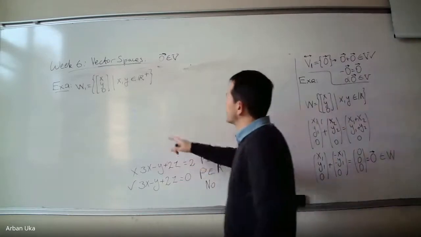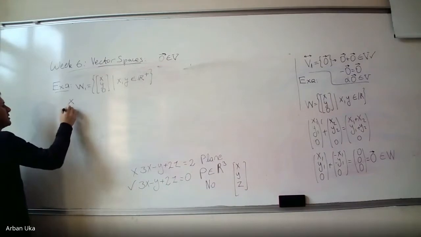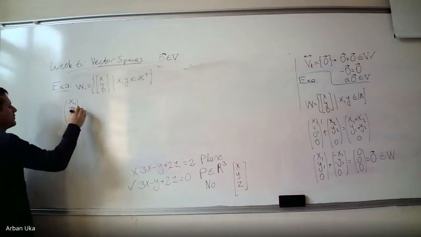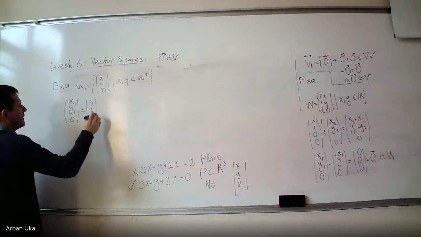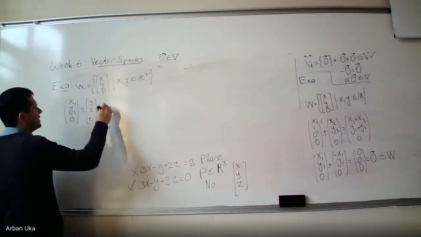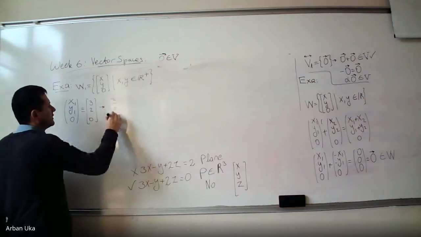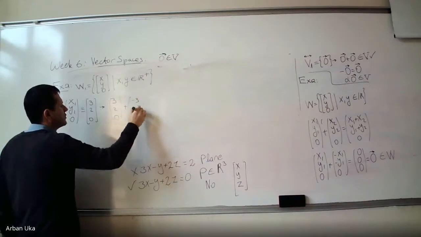When you come to this new vector space, take any triplet of numbers x1, y1, 0. As an example, assume 3, 2, 0. We have to do the following: 3, 2, 0 plus minus 3, minus 2, 0.